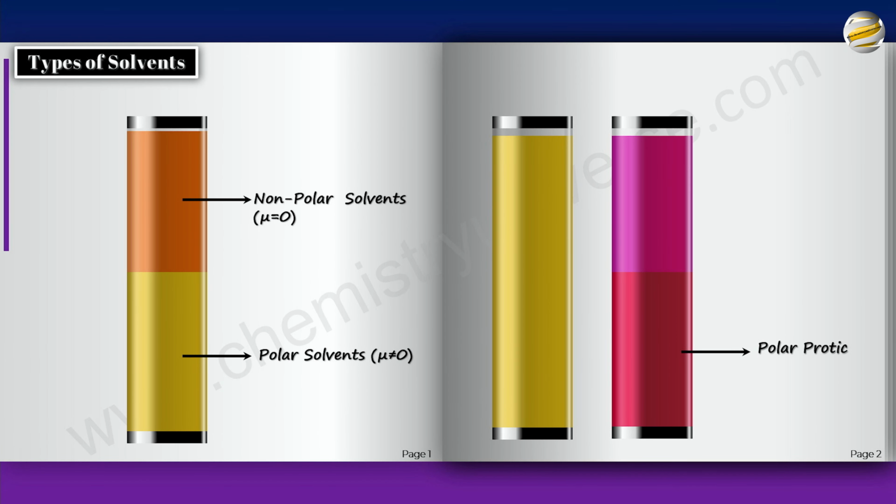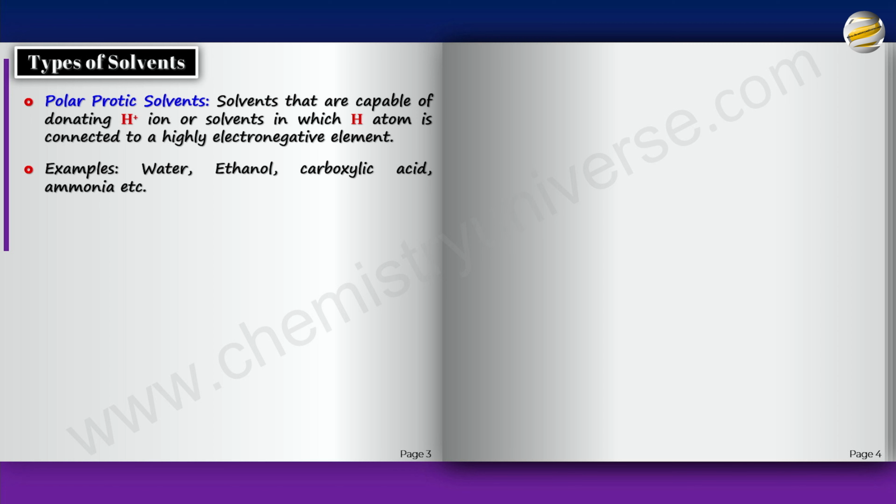So let's talk about the polar protic solvents. Solvents that are capable of donating H+ ions, or solvents in which H atom is connected to a highly electronegative element. Examples are water, ethanol, carboxylic acid, ammonia, etc. And in all of them, you will notice one very important thing, and that is that they all have acidic hydrogen.